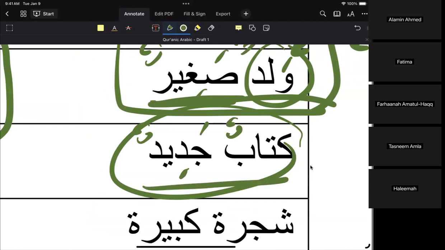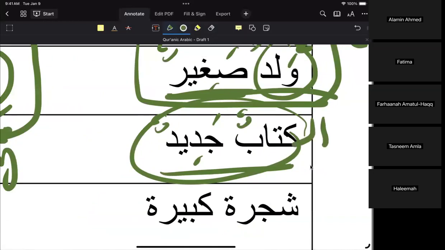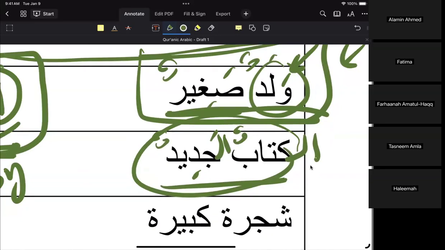But now if you want to say the new book, you have to add alif lam to the noun, and you also have to add alif lam to the adjective as well. So you say al-kitabu al-jadidu. So when the definiteness of the adjective matches, then it becomes a phrase.